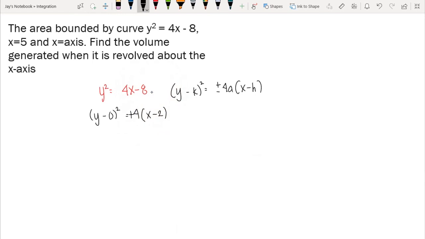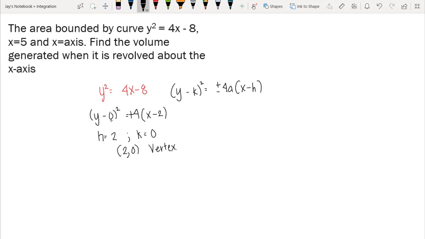So therefore we can say that our h here, or that is the x coordinate of our vertex, from this general form, our h is equal to 2. And our k here, from the general form, our k is 0. Thus, we have 2, 0, which is the vertex of our parabola.